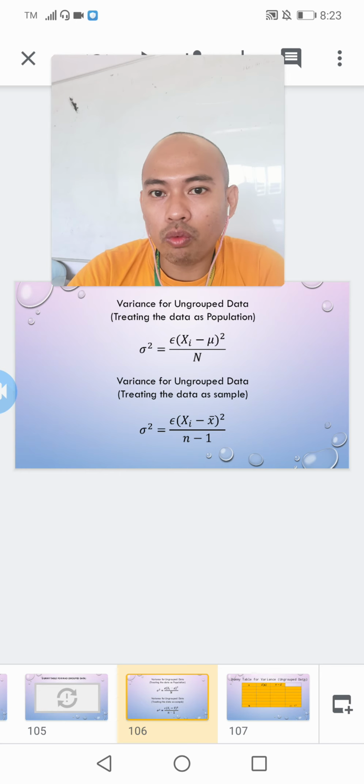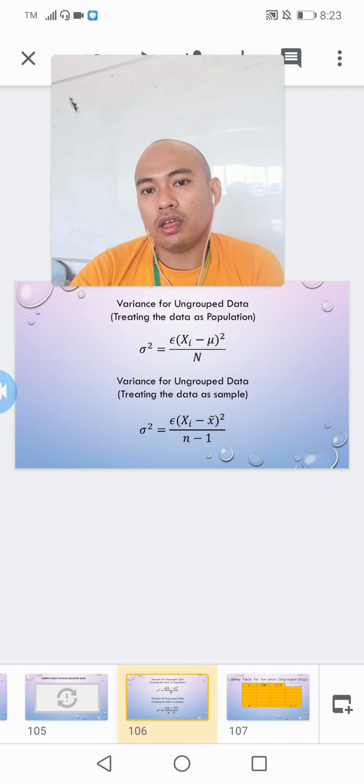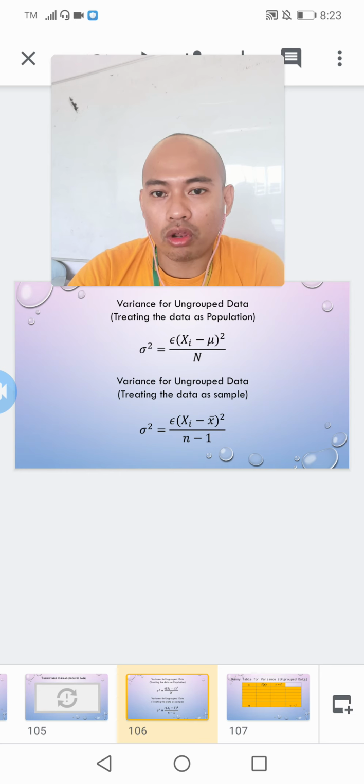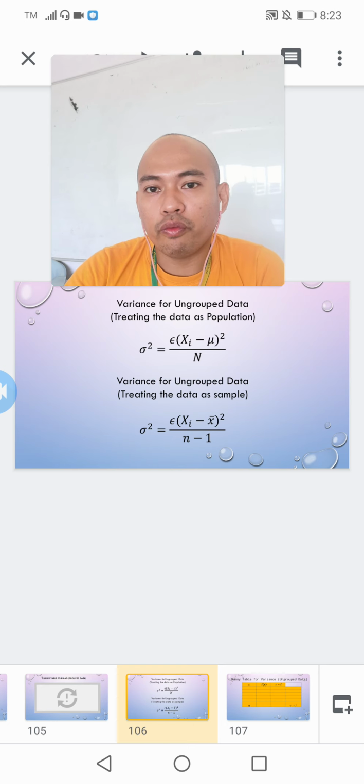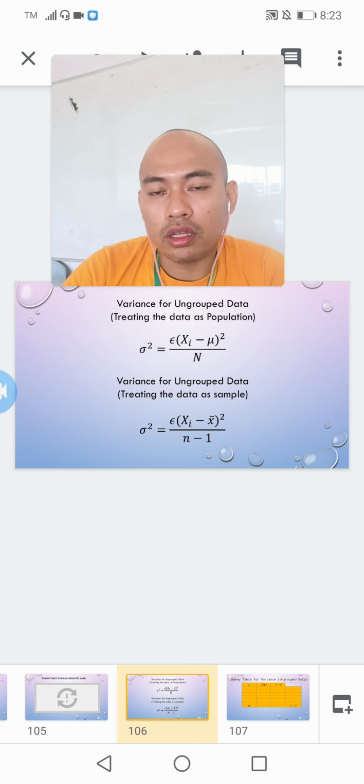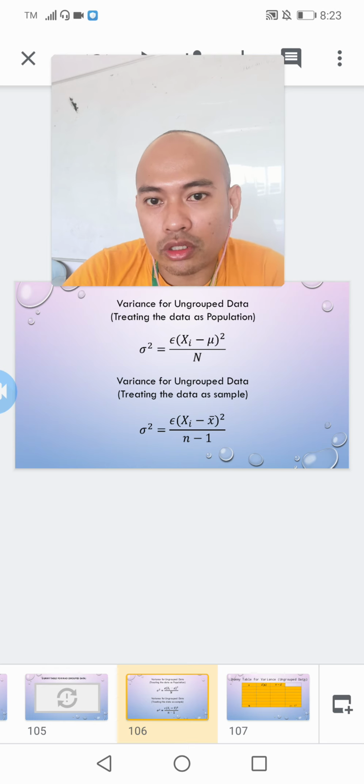When computing the variance for ungrouped data treated as a sample, we refer to the lower formula, while if we are treating the data as a population, we use the formula on the upper portion.